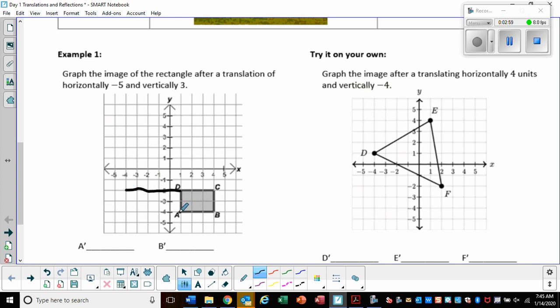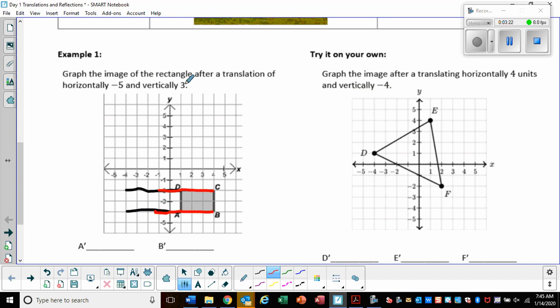Here comes A. 1, 2, 3, 4, 5. And then I'll do the other ones in red so you can see them. C is 1, 2, 3, 4, 5. And B is 1, 2, 3, 4, 5. So I moved it over 5 units.